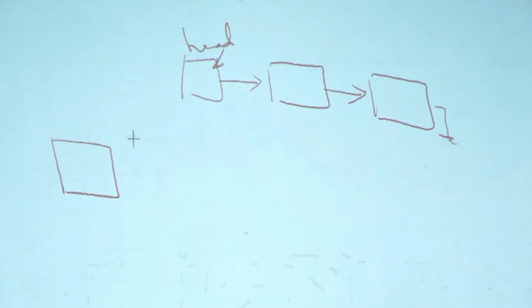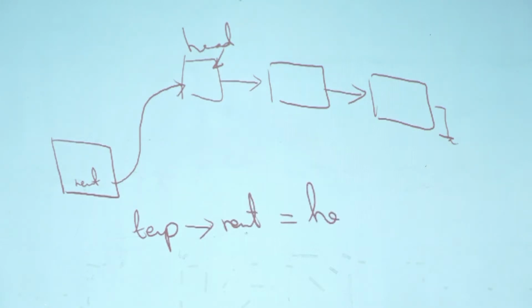So what do I have to do? His next should become this head. How did I do that? This new node is temp. So I said temp's next equal to head. Head is a pointer. Next is also a pointer. Temp is also a pointer.